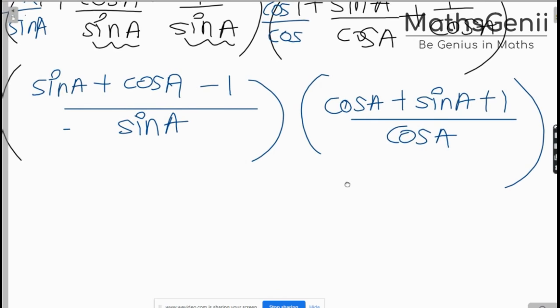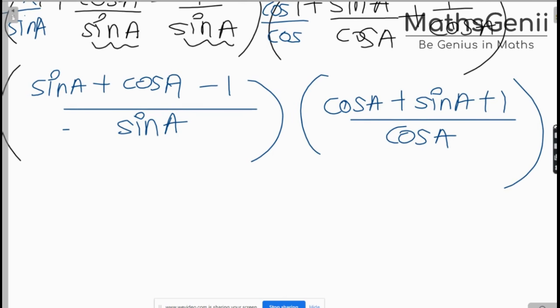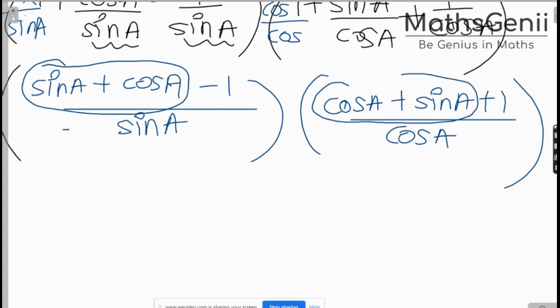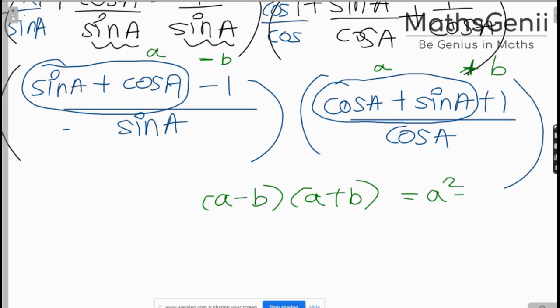Now, if you look at this very carefully, consider this as one term, sine A plus cos A, and consider this as one term, sine A plus cos A. Can I say that this is equal to this? This is A, so this is also A, minus, this is B, this is plus, this is B. So there is a formula of a minus b, a plus b, which is a square minus b square.